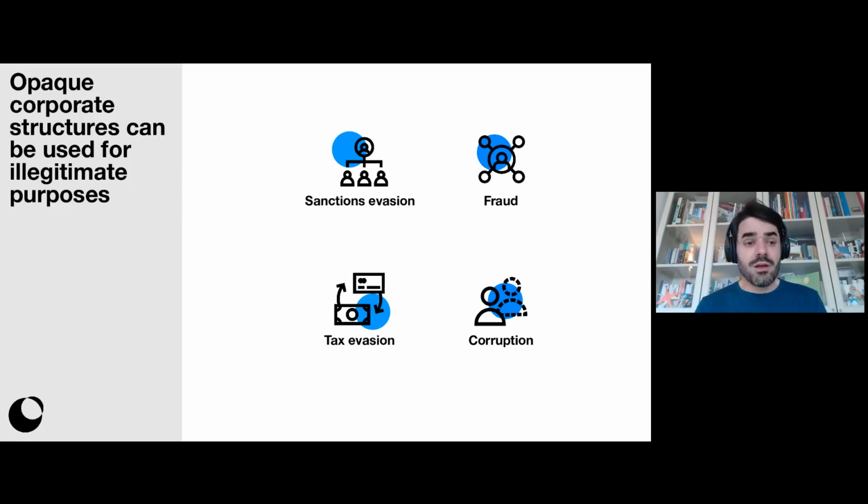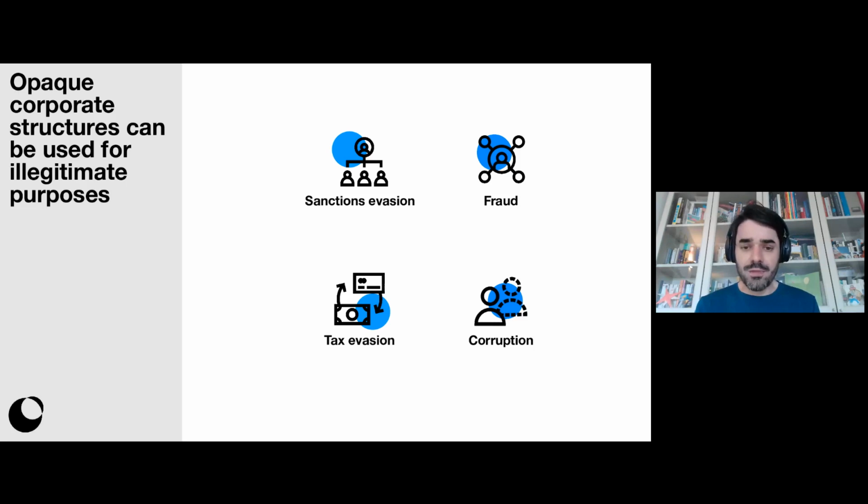It gets complicated because opaque corporate structures can be used for legitimate purposes. Of course, and I want to make that very clear, there are legitimate uses for complex corporate structures. But let's be honest, it can also be used for nefarious purposes.